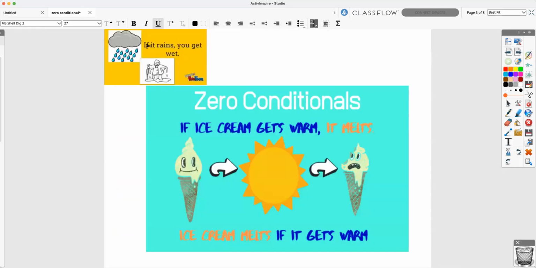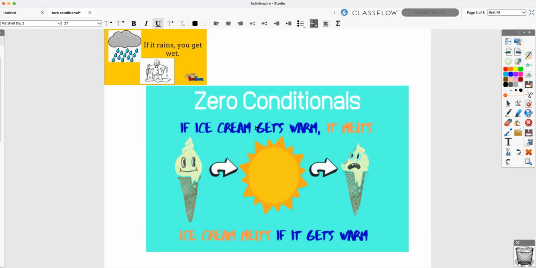So let's see another example. We have here, if it rains, si llueve, you get wet, ¿sí? Entonces, usted se moja, no hay de otra. Another example, if ice cream gets, look at this. Entonces, como acá estamos utilizando una tercera persona, estamos hablando de un objeto, de un alimento en este caso, ¿sí?